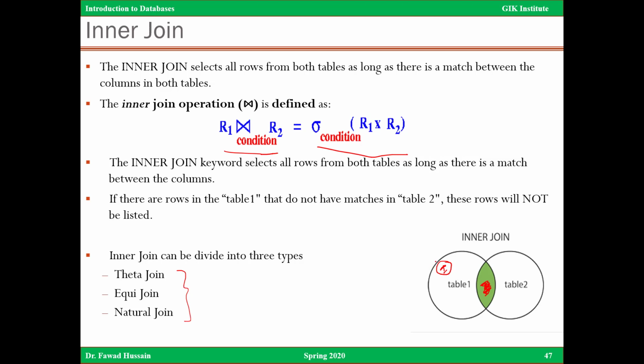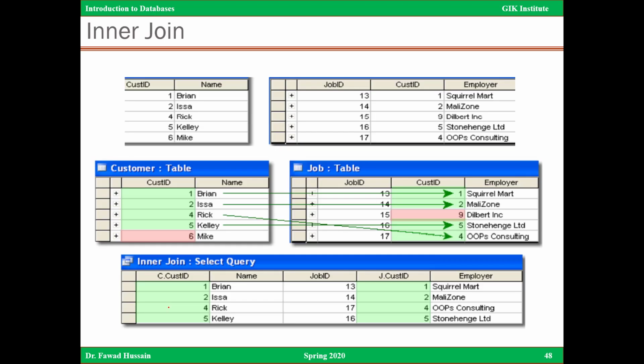As we will see in the next lecture, this is possible with outer joins. That's what differentiates inner join and outer join. Inner join means only the part that is common will be reflected in the resulting table. However, even for the inner joins, as I said, we have three different types of joins. The first is the theta join, the second is the equi-join, and the third is the natural join.